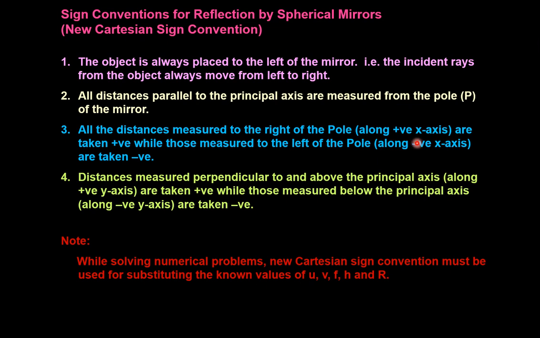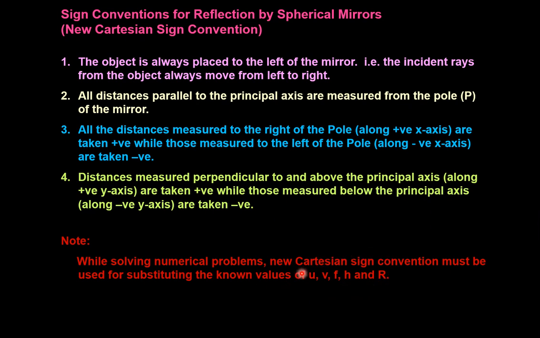Perpendicular and above the principal axis is positive, perpendicular and below the principal axis is negative. On the basis of this new Cartesian sign convention we assign the appropriate sign, positive or negative, to all the given or known parameters in a numerical problem.